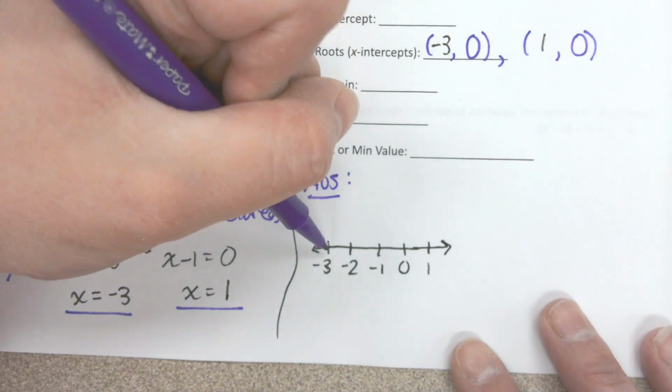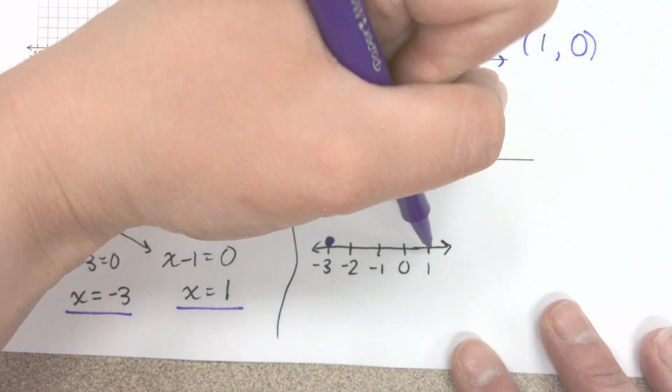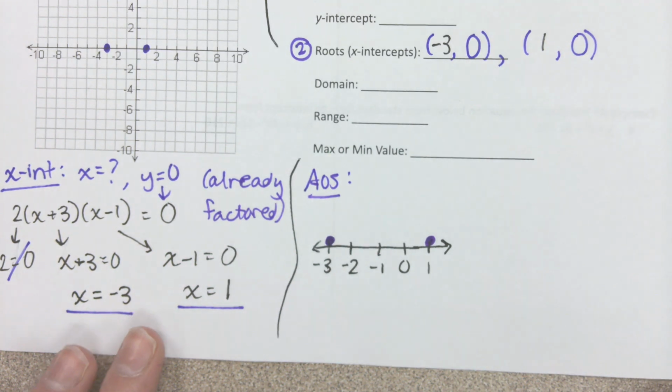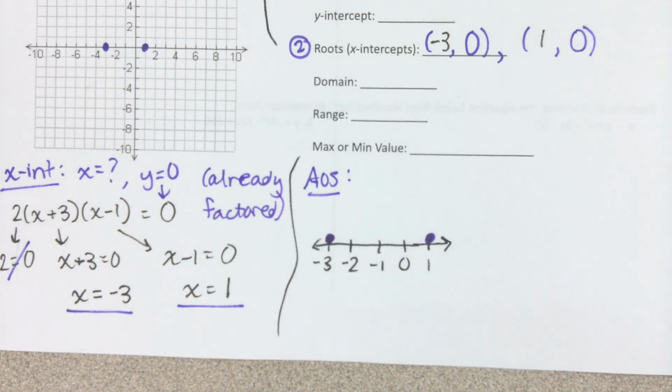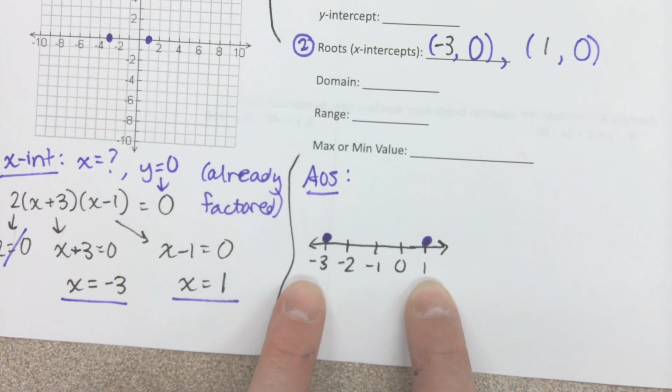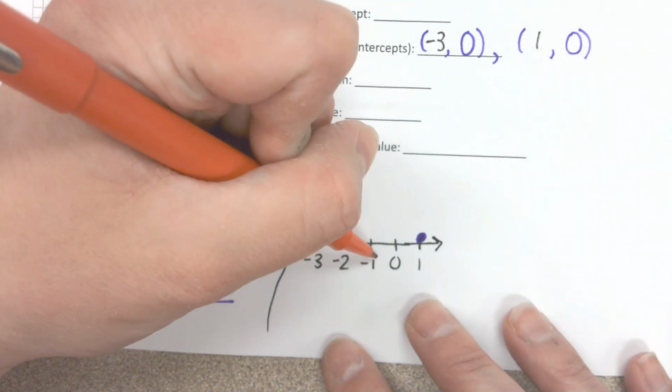I'm going to graph both points, -3 and 1. To find the AOS, you need to find the number that is exactly in the middle of these 2 points. What number is that? -1.